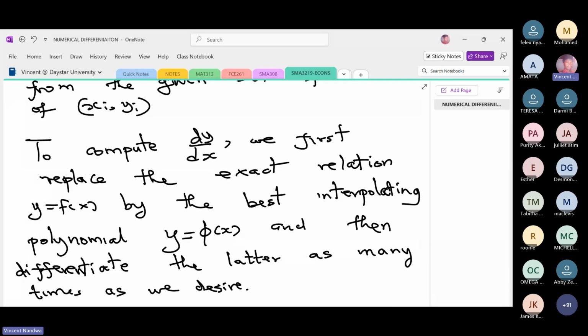So to calculate the derivative of a function, like what we do in the process of interpolation, we obtain the correct approximating polynomial, and then from this interpolating polynomial, we differentiate it to get the value of the derivative of the function at the specified value of x.